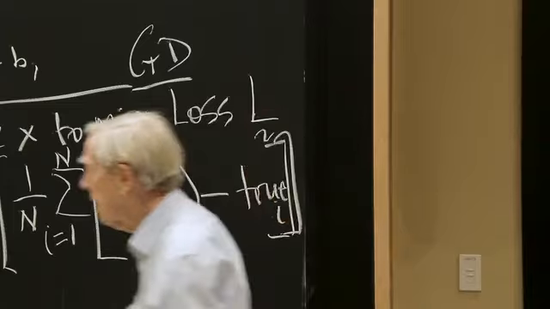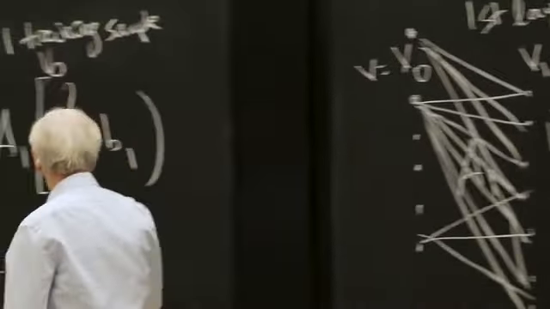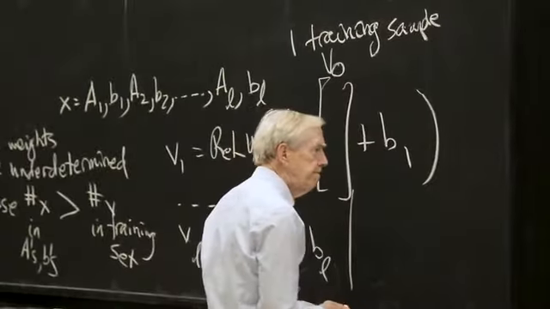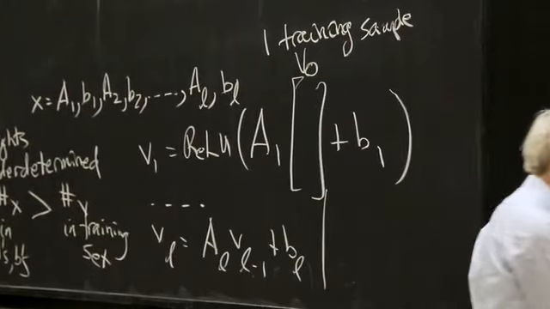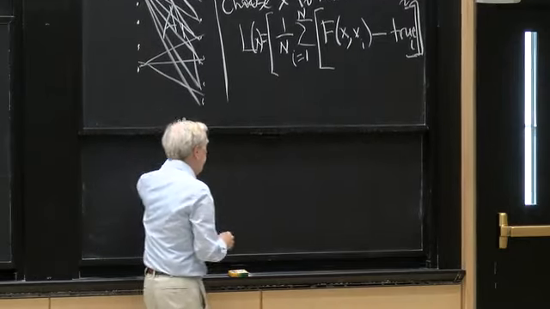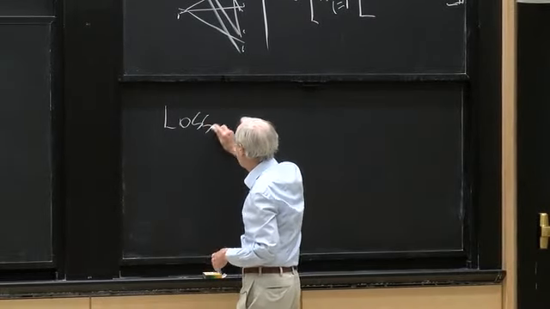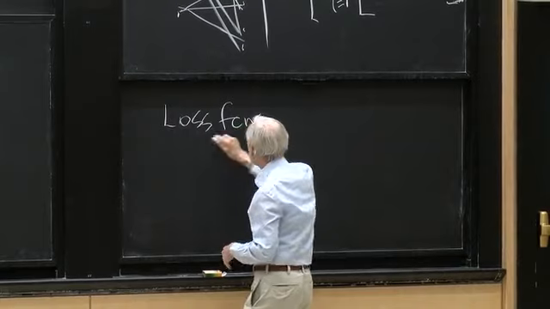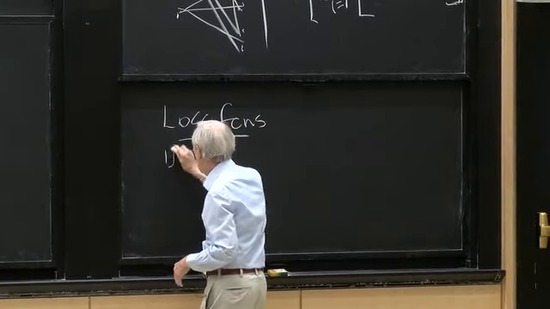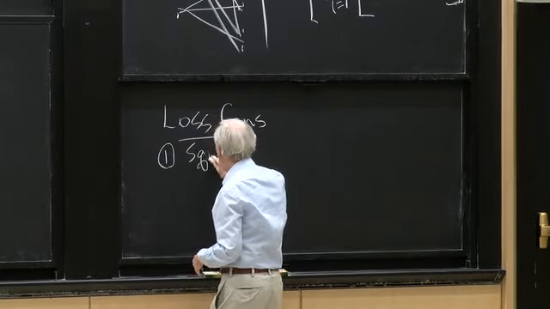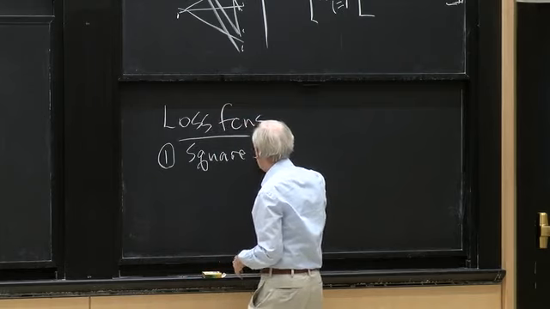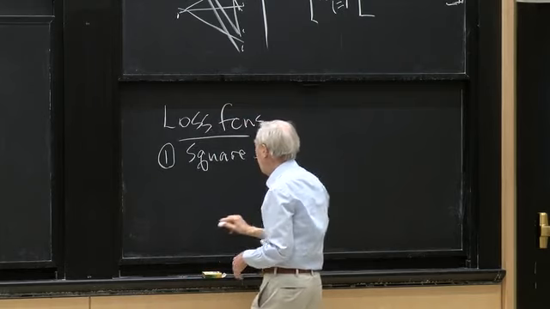I guess I haven't really spoken about loss functions. Let me just put those here. These are popular loss functions. One would be the one we know best, square loss, the sum of these errors squared in the L2 norm.